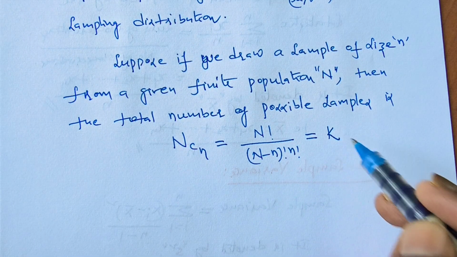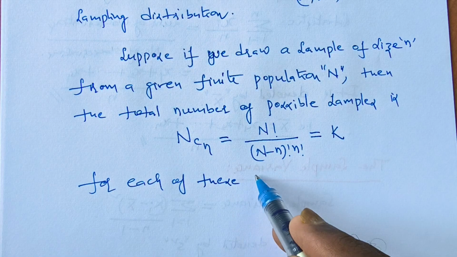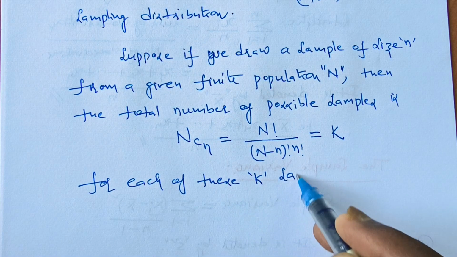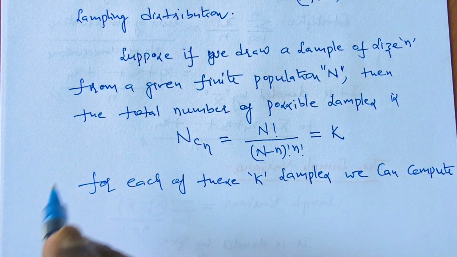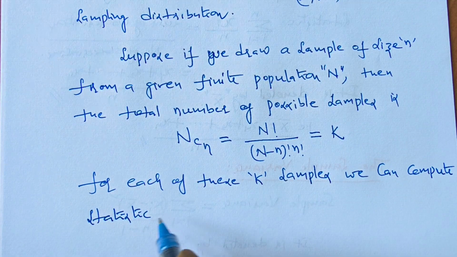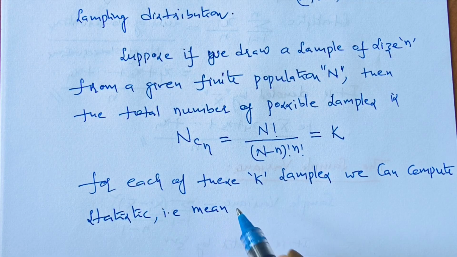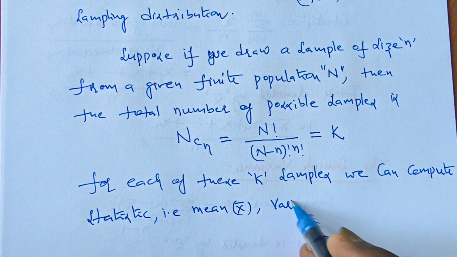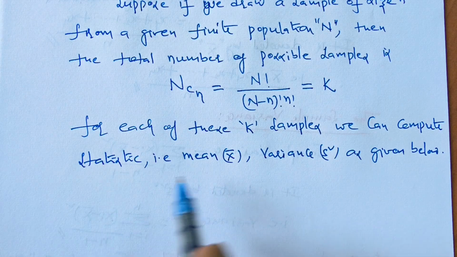So we have the nCr formula, n factorial divided by (n minus r) factorial into r factorial. It approaches some constant value k. So for each of the k samples, we compute the statistics values. Those are the mean and variance.